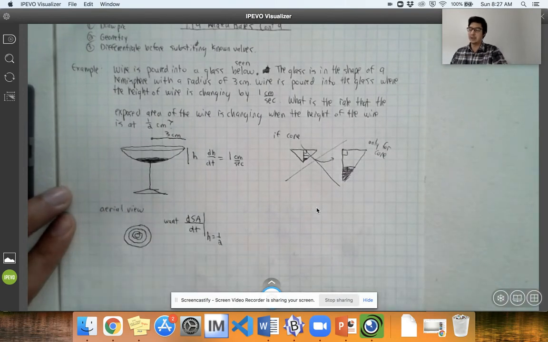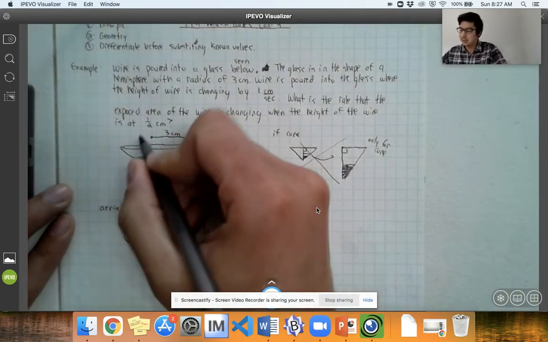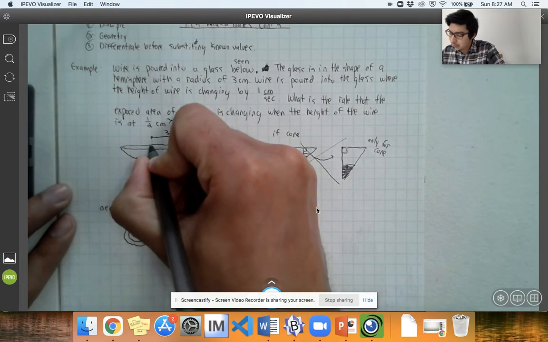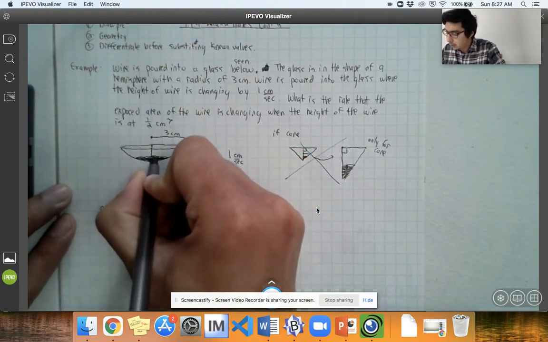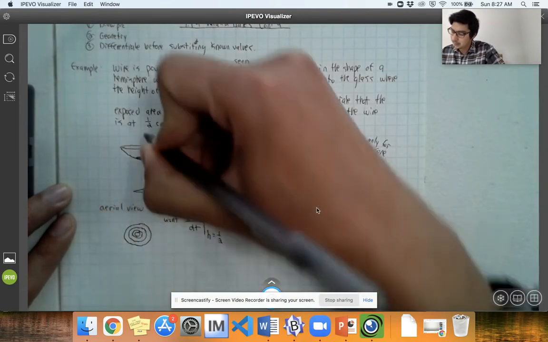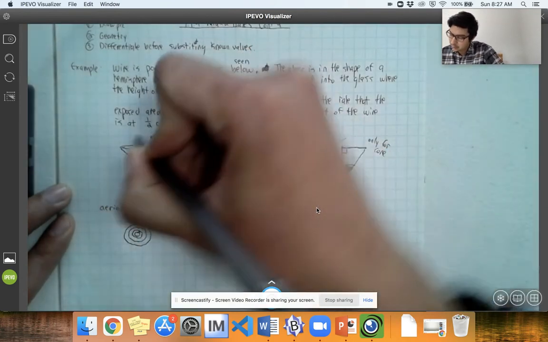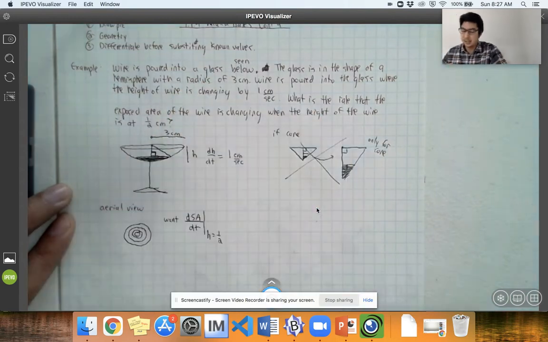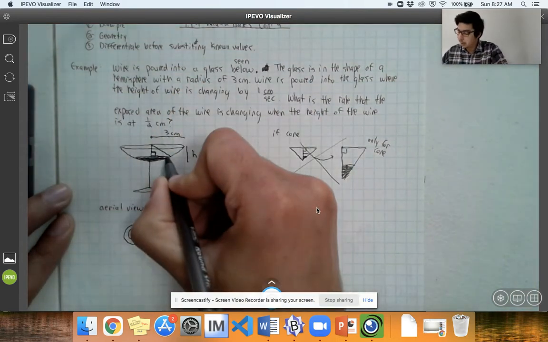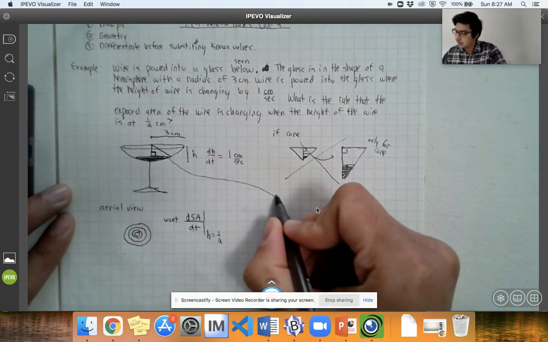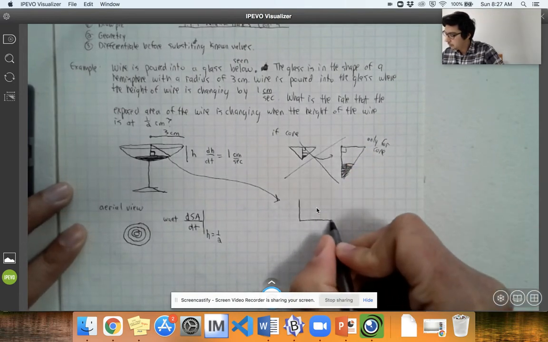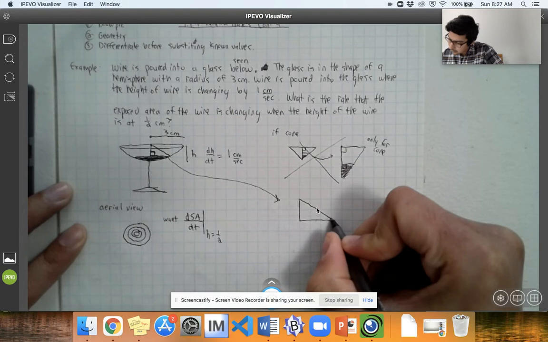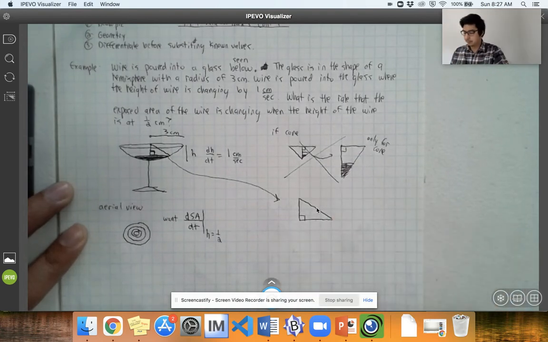What you do for the hemisphere is there's a little bit of creativity needed to see it here. But the right triangle you have to create is from the top of the glass to the top of the liquid over to the edge of the glass where it's at. And there's your right triangle right there. And that's an accurate picture. If I pull this out so you can see it, we're going to have a right triangle here.